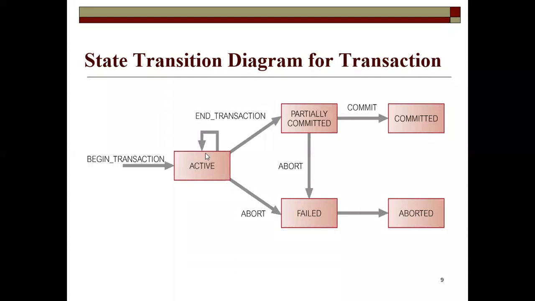Okay. So if you are in the active state, that means you're still performing the actions of a transaction. If failure happens, if an interruption occurs and you can't finish all the steps, we move to a failed state. Remember, we said a transaction is a single logical unit of work. We perform all or we perform none.